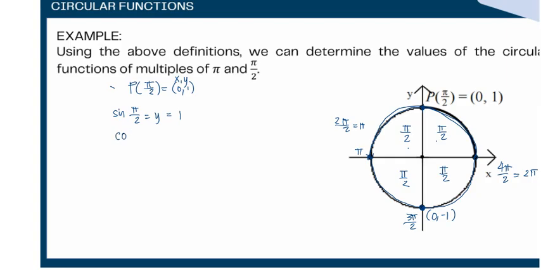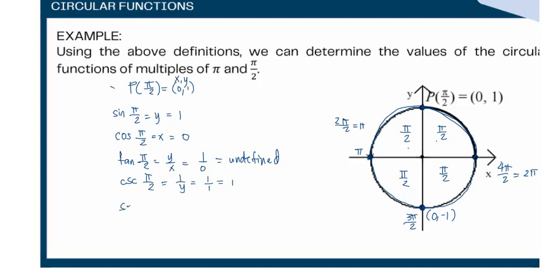And then, your cosine pi over 2 would be in terms of your x. So, meaning, our value there would be just 0. And then our tangent pi over 2 would be in terms of y divided by x. So meaning our value is just 1 divided by 0, which is undefined. And then the other three are just reciprocal of the first three. So this is going to be now cosecant pi over 2 is going to be 1 divided by y, which is 1 divided by 1, which is 1.